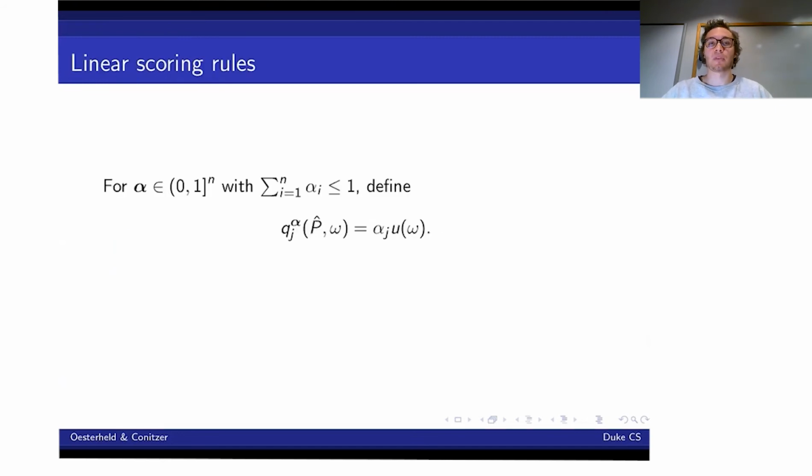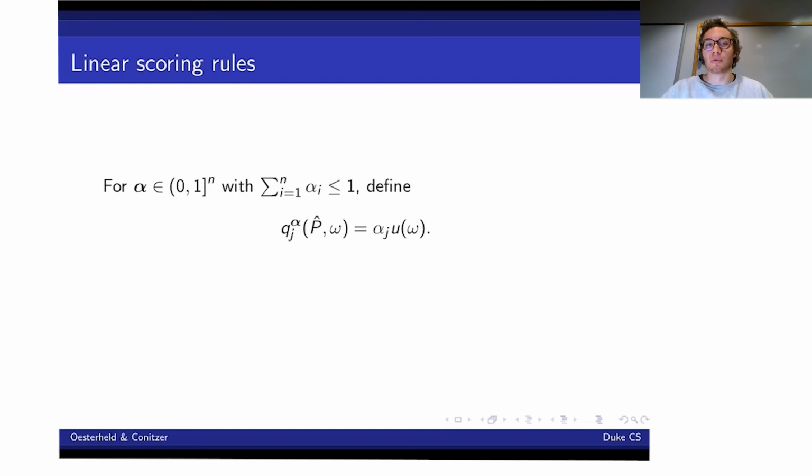In this paper, we're interested in linear scoring rules, which we also call linear contracts. These are just the simplest kinds of contracts that you can come up with.